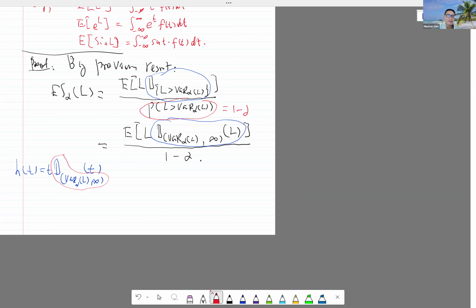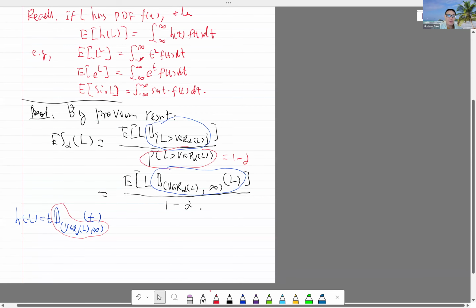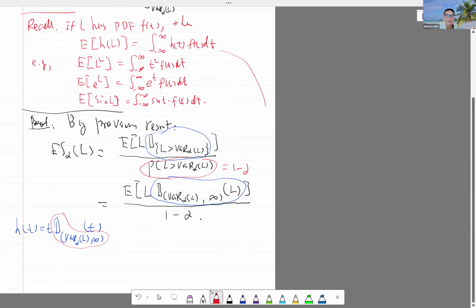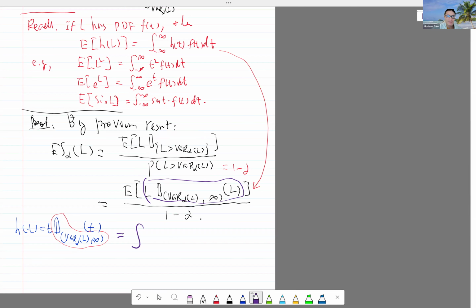Now apply this with the L you want. This is just h of L. The expectation is the integration from negative infinity to infinity of your h of t, which is t times the indicator function of value at risk to infinity, times f of t dt.